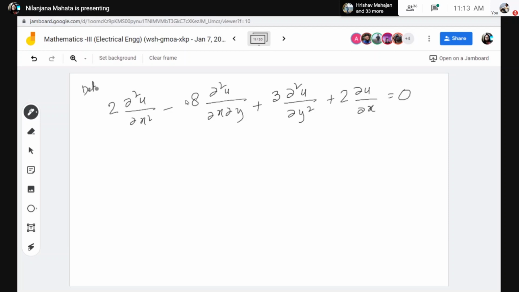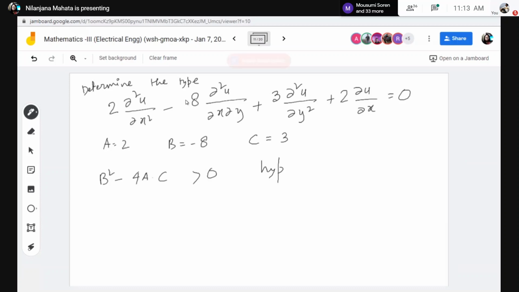Determine the type. Ma'am, hyperbolic. Hyperbolic, right. So this is very simple. So you will be able to do this. Fine.